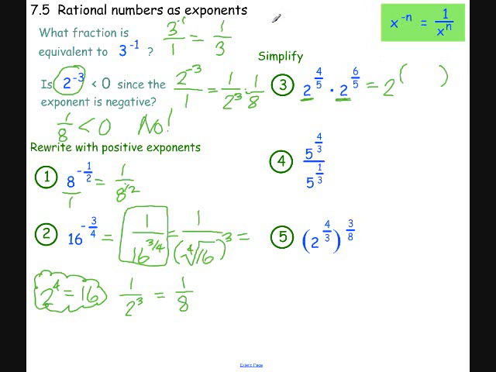If I had x to the 1st power times x to the 2nd power, you would know what to do with that, right? You'd say x to the power of 1 plus 2, or x to the third power.